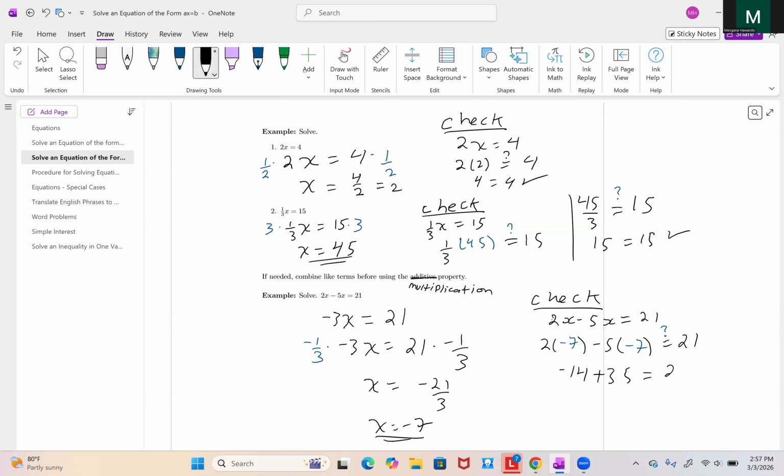Is that equal to 21? -14 plus 35 is the same as 35 minus 14, which is equal to 21. This is an identity. That means x = -7 is a solution.